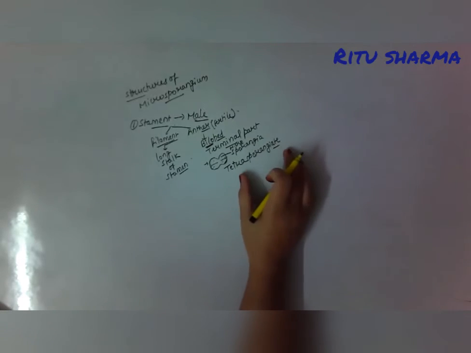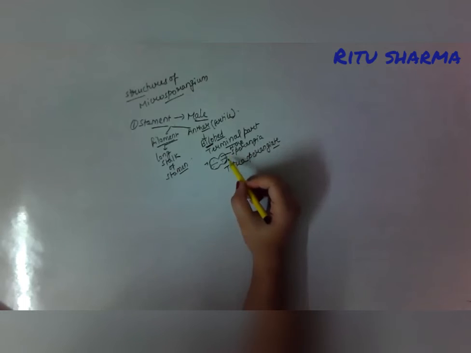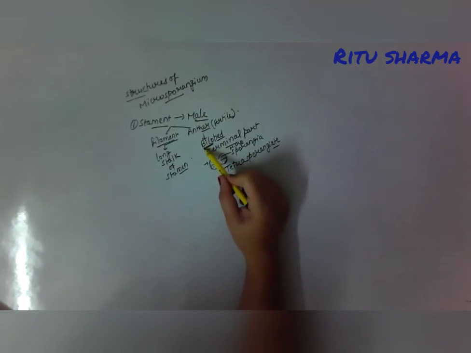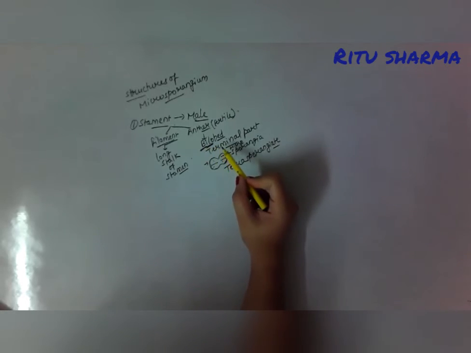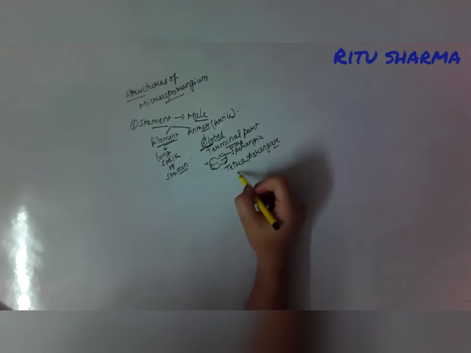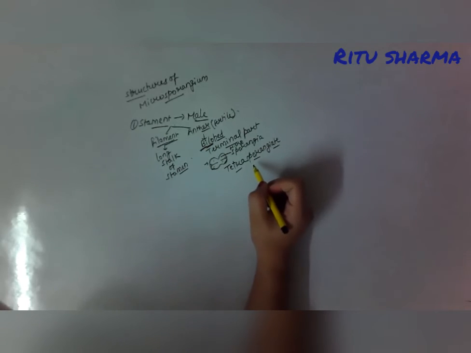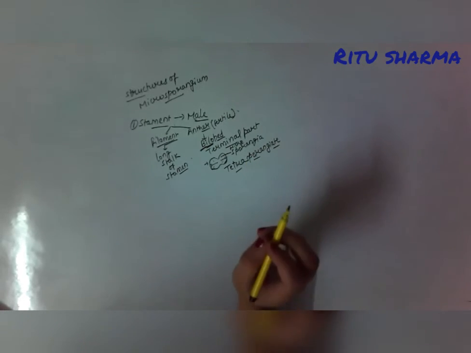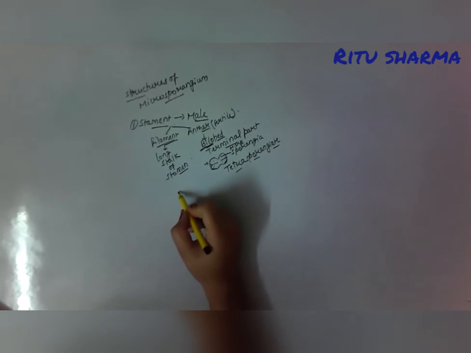Okay, this is a tetrasporangiate structure, as it consists of four sporangia in two lobes, which is also known as bilobed structure, and each lobe has theca. So that's why the complete structure is divided into four sporangia, which is known as tetrasporangiate. Okay, let's see the structure of microsporangia.